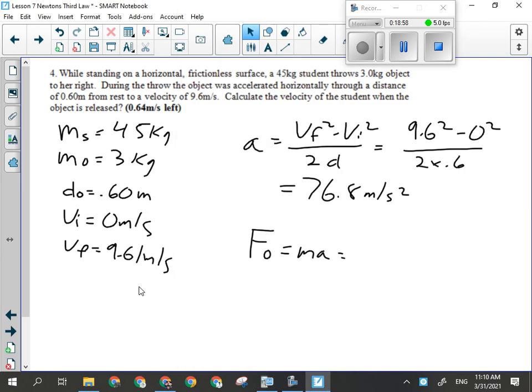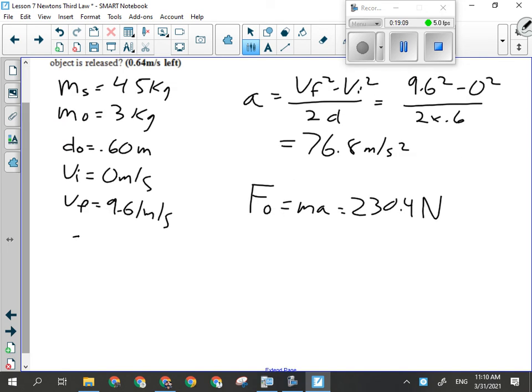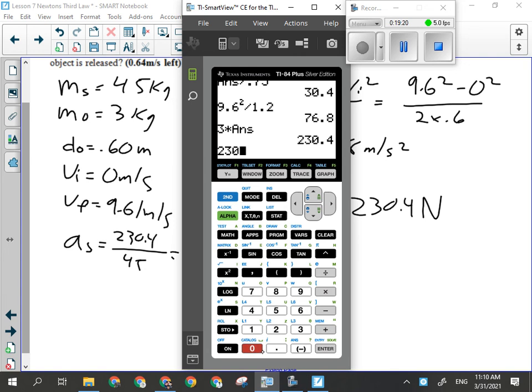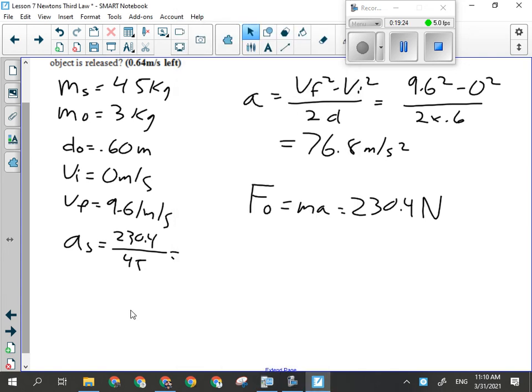So I've got 230.4. Now I can calculate the acceleration of the student: 230.4 divided by the mass of the student, 45 kilograms. So their acceleration is 5.12 meters per second squared.